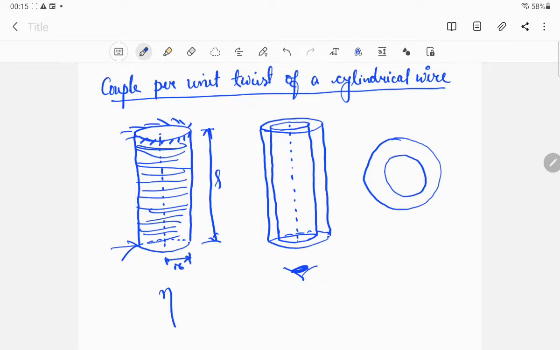This coaxial cylinder that we have considered is of radius x, and it is of thickness dx. So it will appear to you like this, and this is of thickness dx, and this whole thing is of radius r, and this thing is of radius x. Okay, so this is what we are considering.